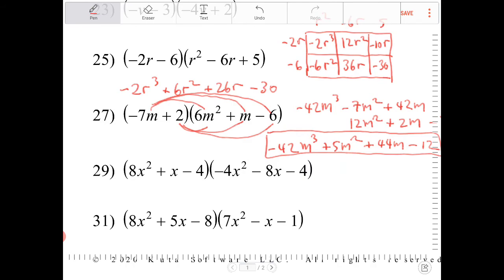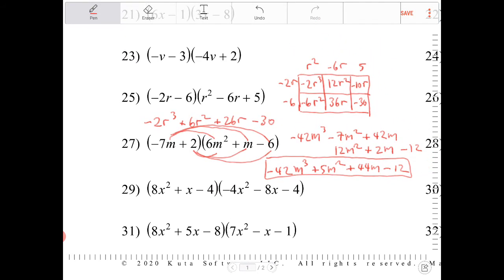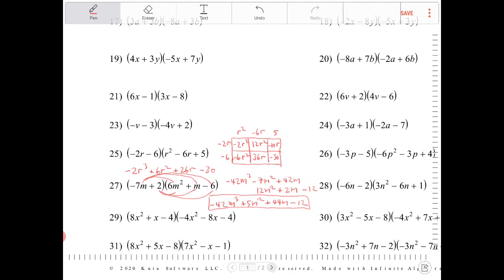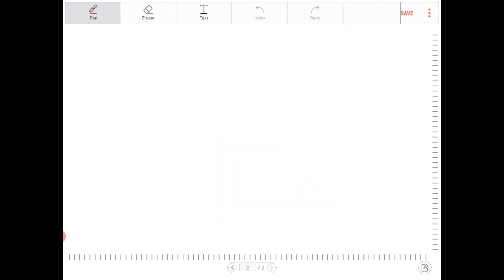And the 29, okay, I have 8x squared plus x minus 4. The way we approach this, again, no different, okay? So actually, I'm going to go to the next page here so I have more space. So when you multiply a trinomial with a trinomial, you approach in the same manner.